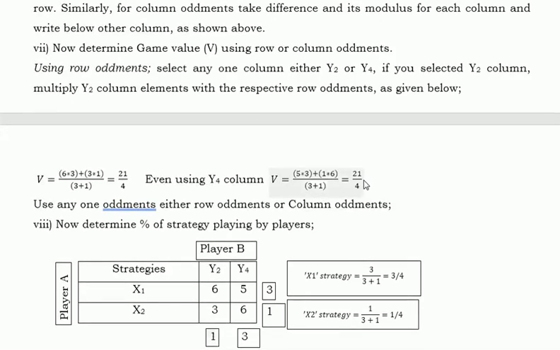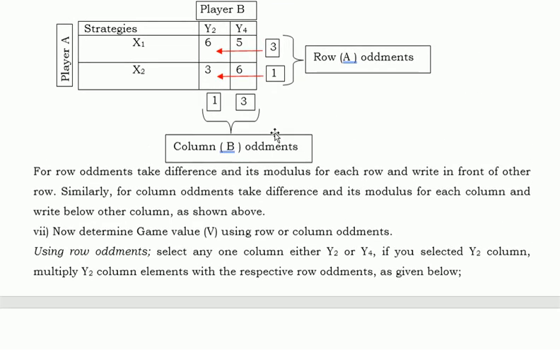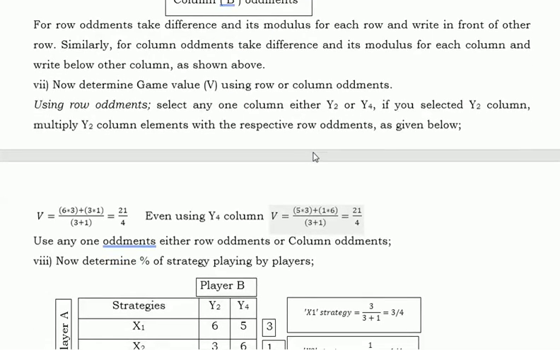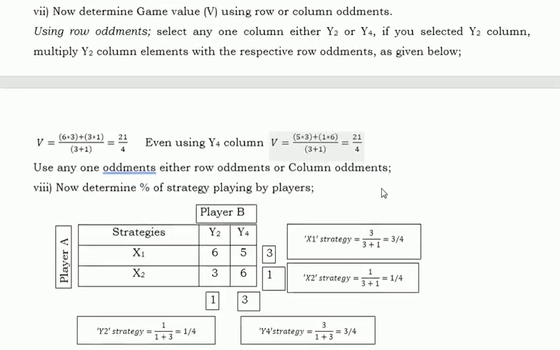Here also divided by 4, using column oddments. Even with this row also, 3 into 1 plus 18, 18 plus 3 is 21 divided by 4. So using column oddments also, you get the same game value. This is how to determine the game value by using oddments.